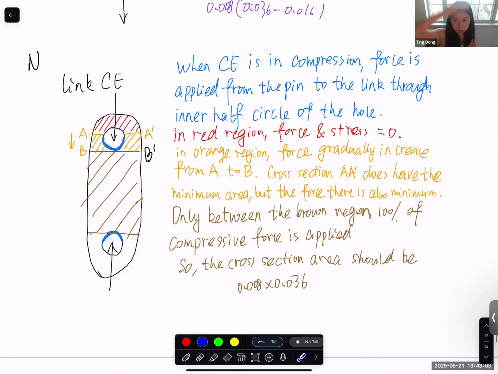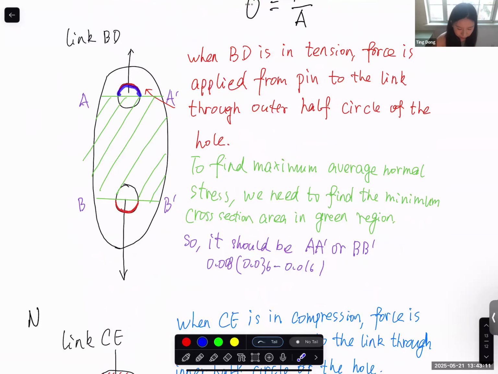And if you push it, applying compressive force, this should be the contacting surface. So when your contacting surface is like this, at this point is where 100% of the internal force is applied. So between this region and this region, we have a consistent 100% of internal normal force.